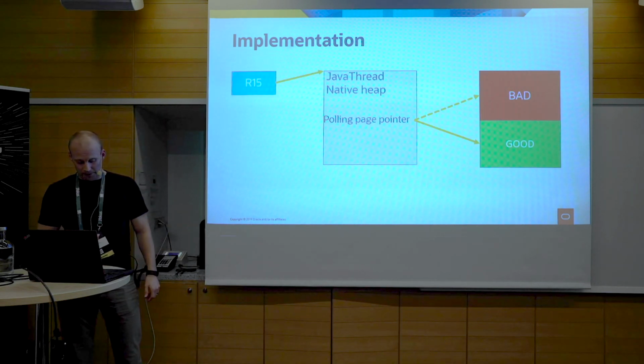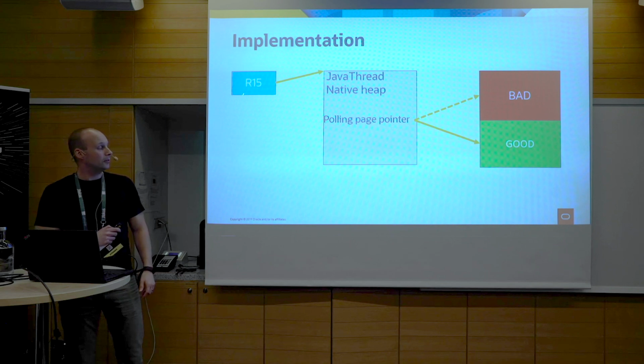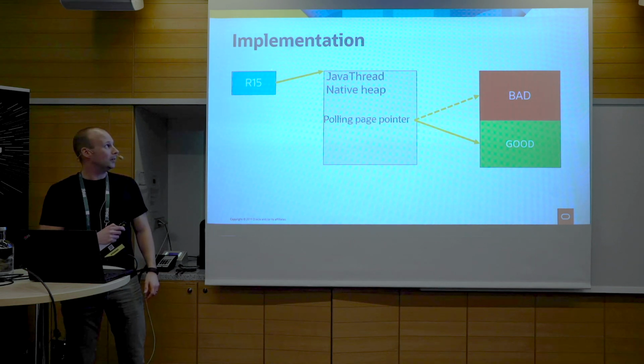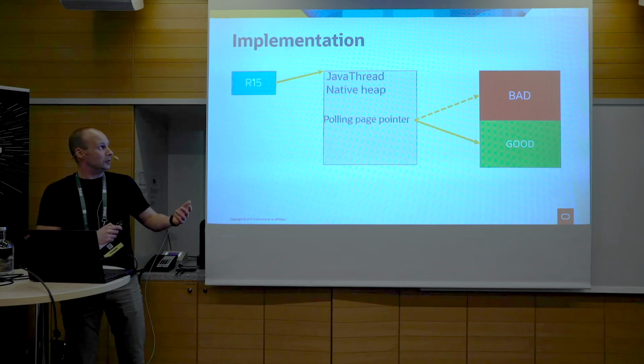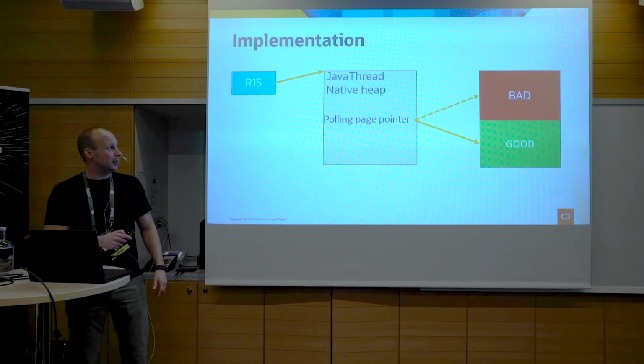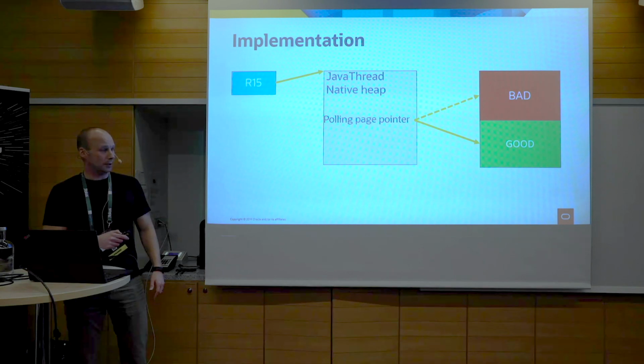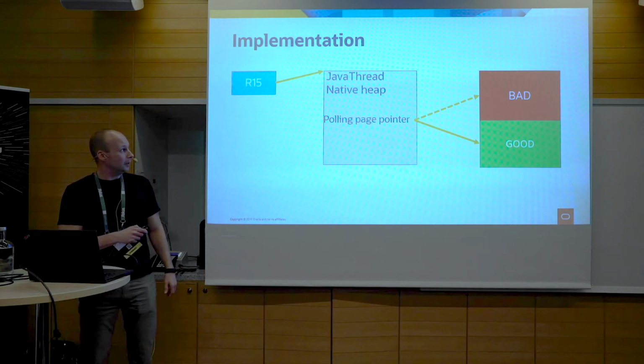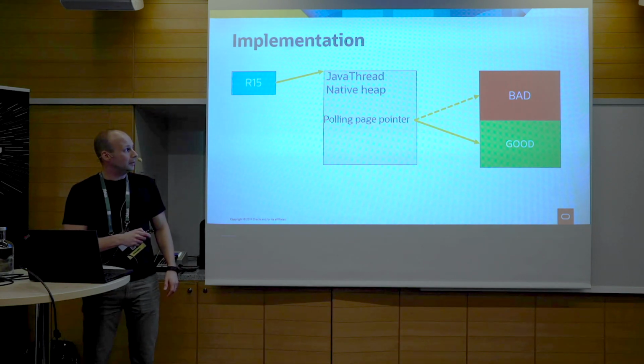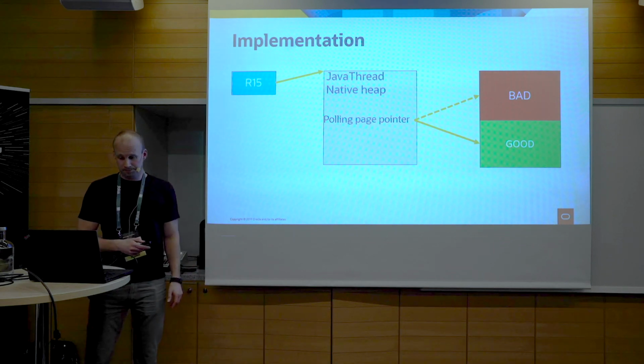So this is for x86. R15 is the register where we always keep the pointer to the native structure representing the Java thread. So we have a piece of native memory which represents the thread, and inside there we have a second pointer which points to a bad or a good page.